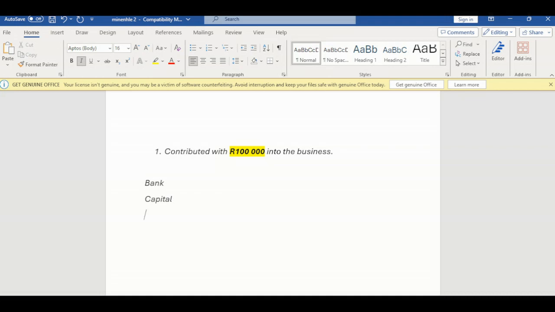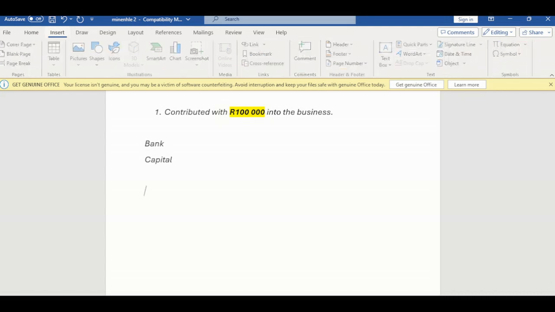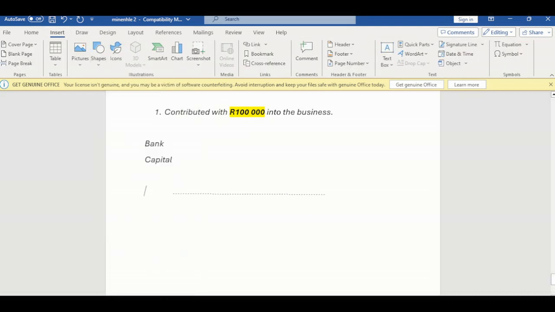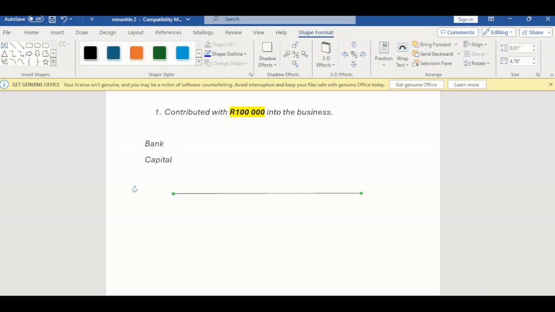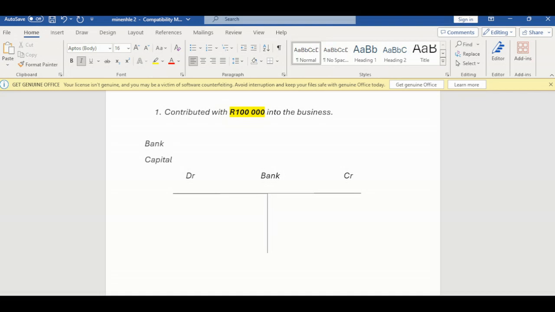So let's just record this in T form accounts. We start by recording the bank. Here is a T form of the bank. On your left hand side you have a debit side, on your right hand side you have a credit side, then in the middle you have the bank account.